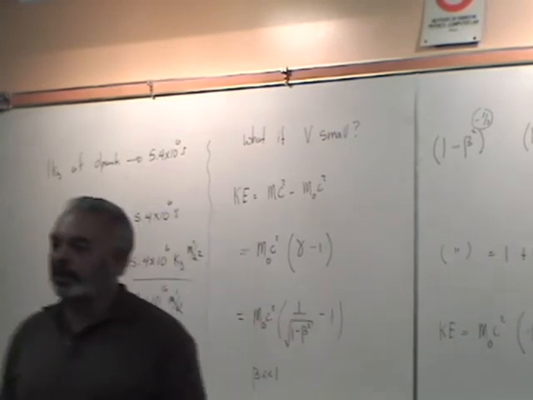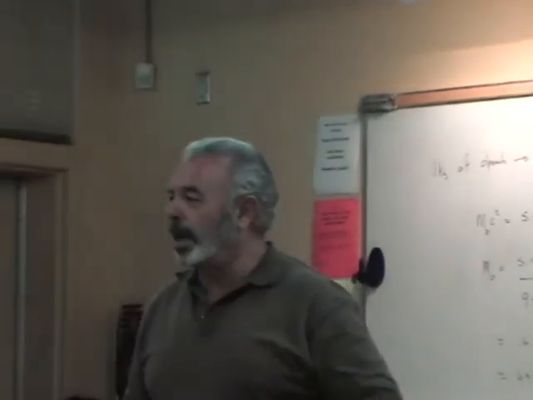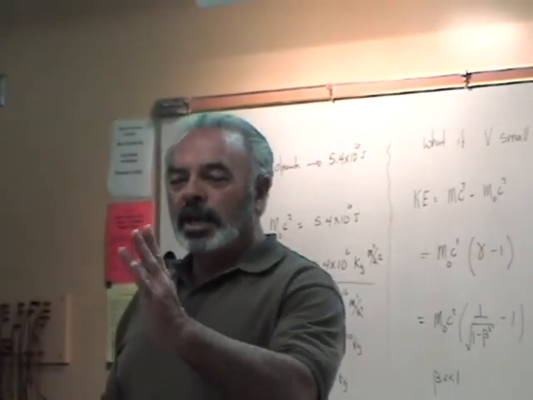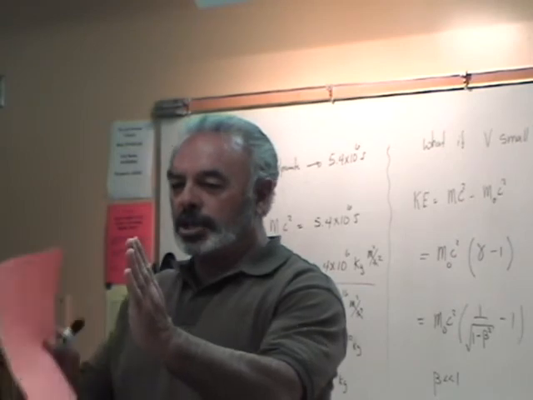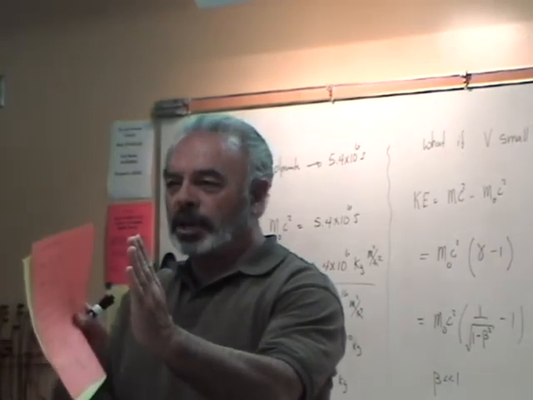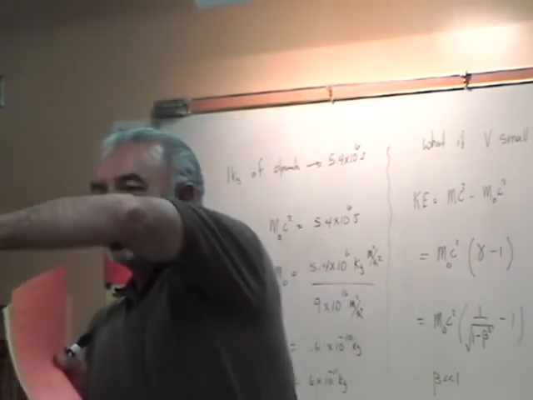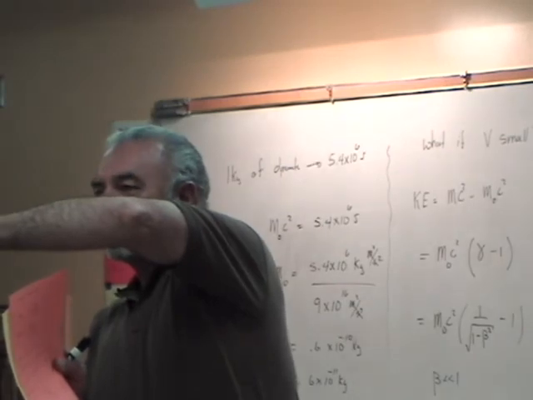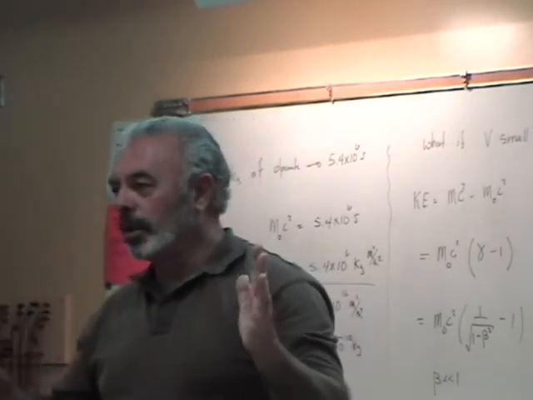Isn't it funny? It's a little bit like the zeroth law of thermodynamics. That is, remember we said that if object A is in thermodynamic equilibrium with object B, and object B is in thermodynamic equilibrium with object C, then A is in equilibrium with C, right?